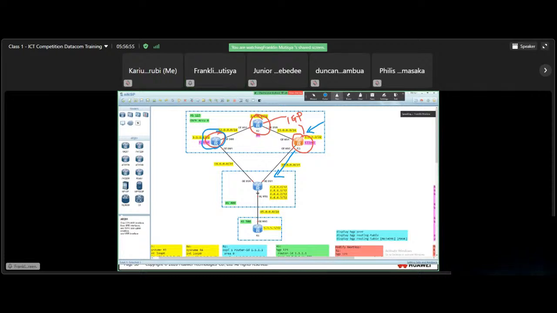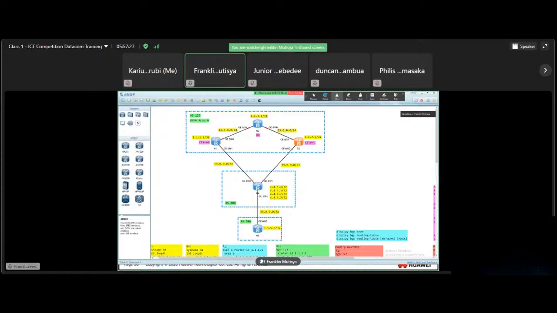So what happens is that packets are dropped silently, because there is no definite destination. We refer to that situation as a black hole. That is a routing black hole.